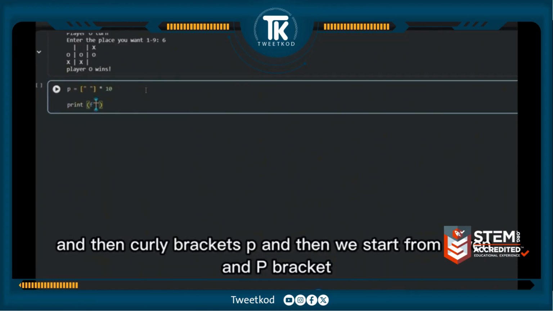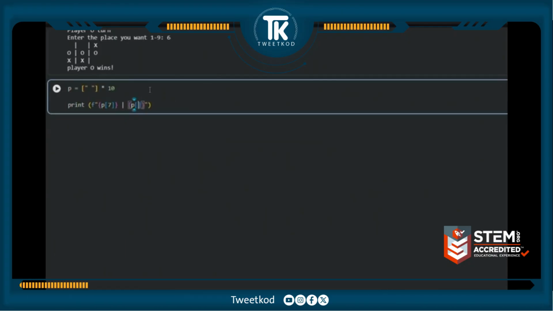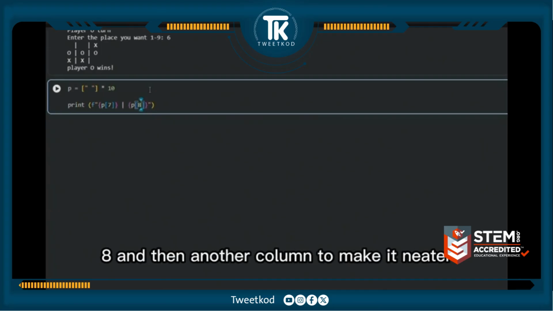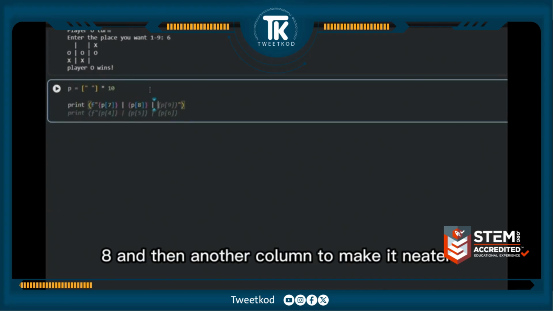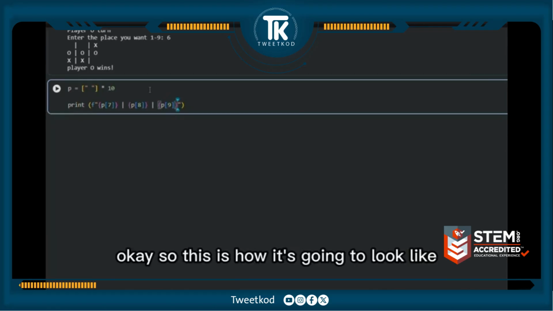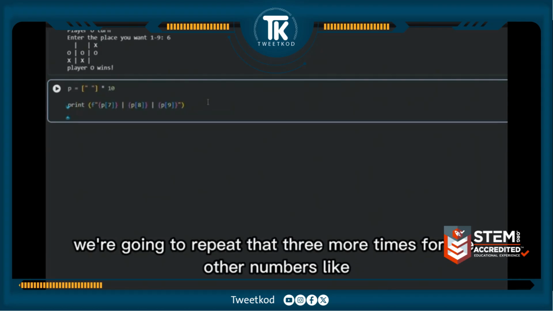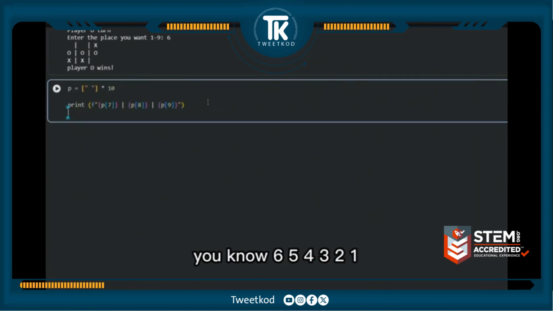And then curly brackets P, and then we start from 7 and P bracket 8, and then another column to make it neater. Okay, so this is how it's going to look. We're going to repeat that 3 more times for the other numbers, like 6, 5, 4, 3, 2, 1.